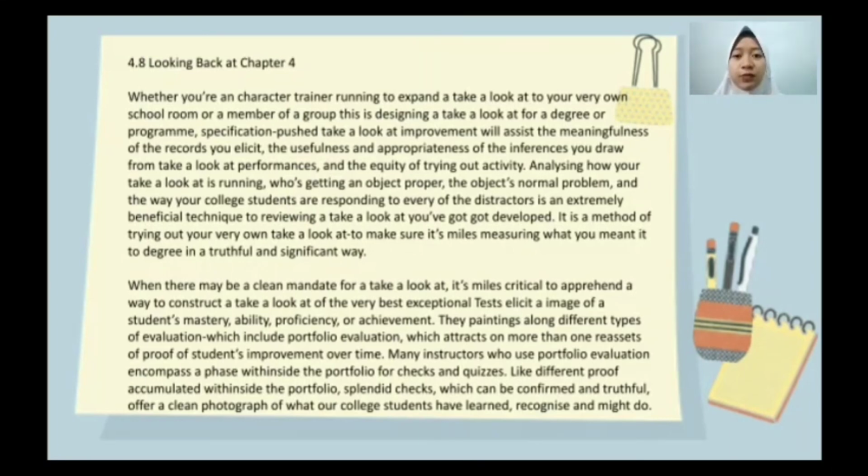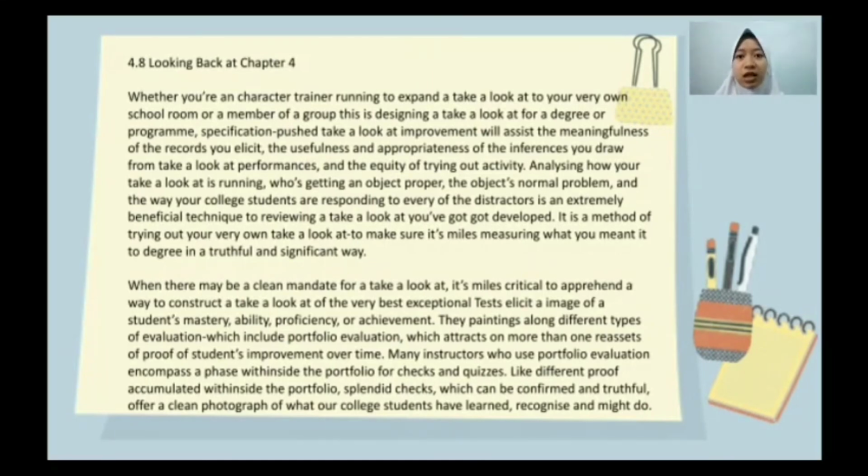It is a method of testing your own test and making sure it is measuring what you mean it to measure in a fair and meaningful way. And then when there is a clear mandate for a test, it is critical to understand how to build a test of the highest quality. High quality tests elicit a picture of a student's mastery, ability, proficiency, or achievements.